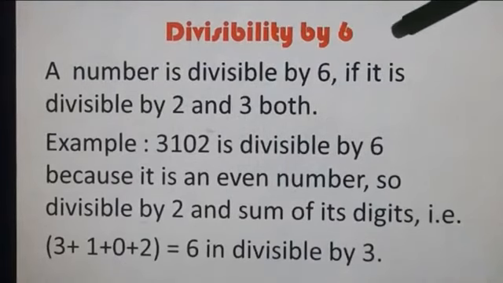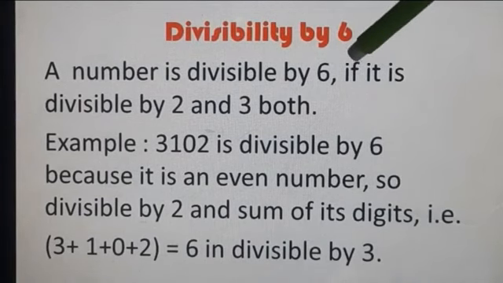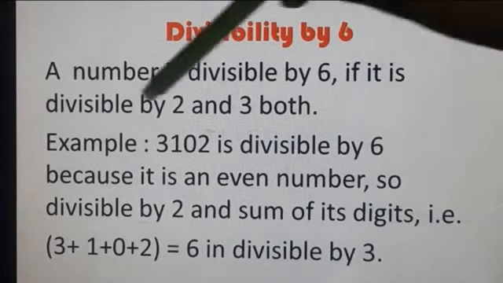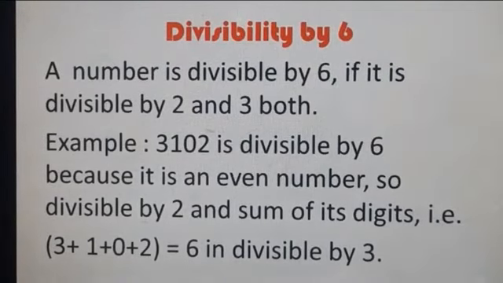Divisibility by 6. A number is divisible by 6 if it is divisible by 2 and 3 both. Means if we want to check whether any number is divisible by 6, then we have to check the divisibility rule for 2 as well as for 3.